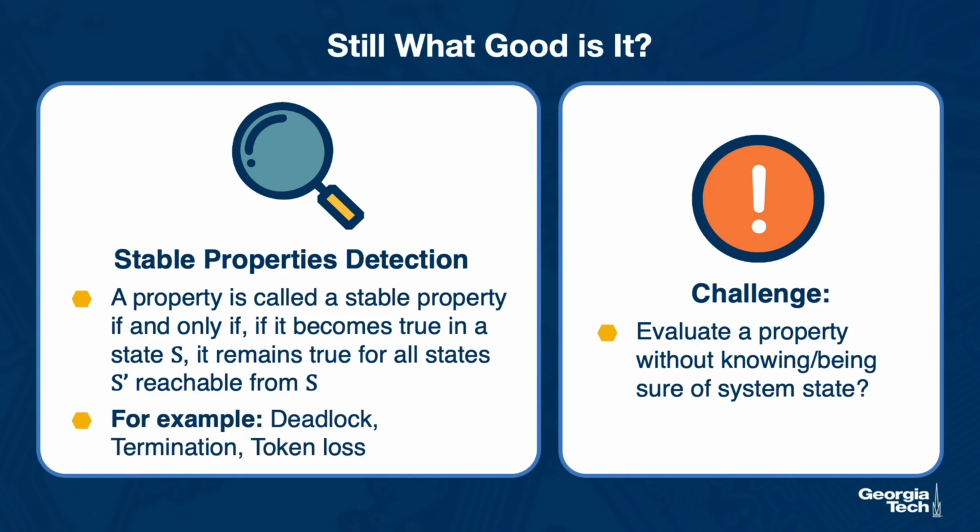For instance, if we observe a state of the system S and analyze it and observe that the system is in a deadlock. Deadlock is an example of a stable property, although not a desirable one, but a stable one, because once the system is deadlocked, it will remain in a deadlock state in all subsequent states unless we actually do something else.